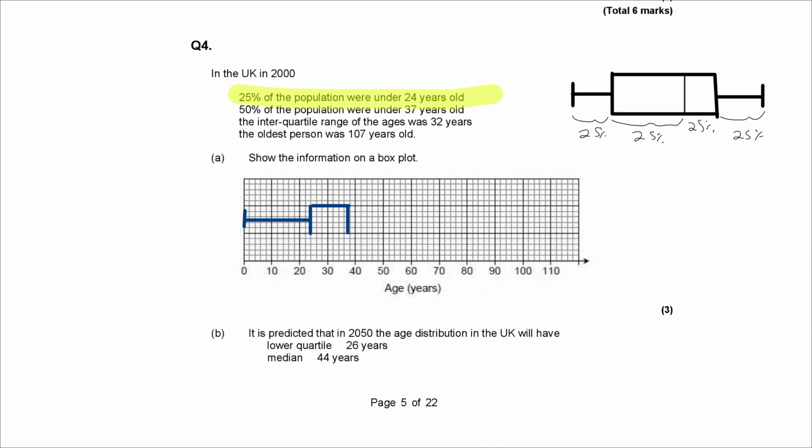So 37, I should really go and write on the values here. So the minimum value is 0. The lower quartile is, that's 24 there. The median is 37. It says the interquartile range was 32. Well, that's going to be your 24 plus the 32. So this number here is 24. Add 32 will give you the upper quartile.